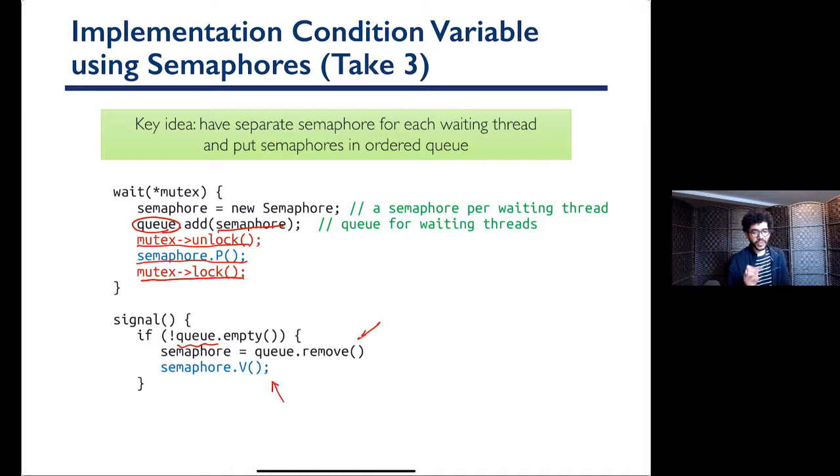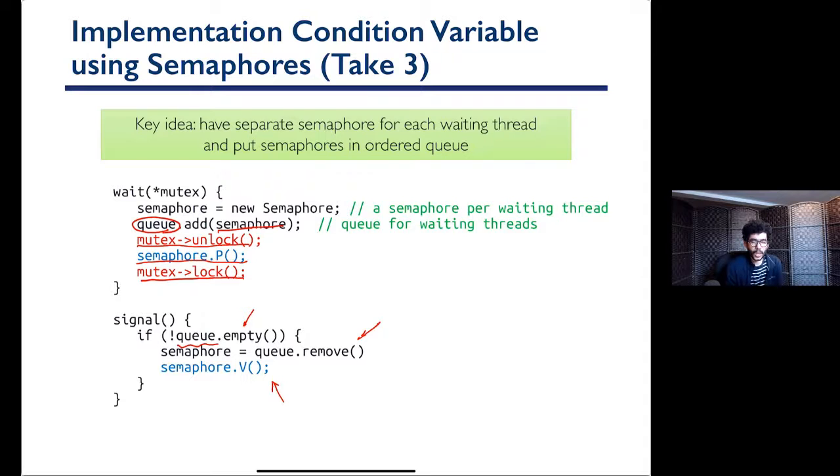So we send V to the specific semaphore that we get out, and that's it. Now this actually solves the memorylessness problem, because I'm able to check this queue, and if it is not empty, then I send V, otherwise I don't do anything.